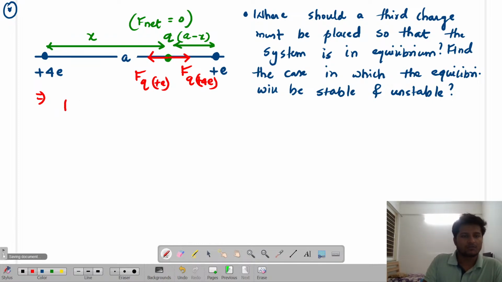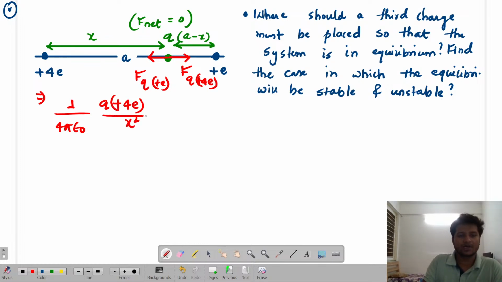Simple, sir, 1 by 4 pi epsilon naught q into plus 4e, और प्लस 4e से कितना डिस्टेंस पर है? x डिस्टेंस पर है, तो x स्क्वायर must be equal to 1 by 4 pi epsilon naught q into e divided by (a minus x) whole square, isn't it? यही आ रहा है इक्वेशन, ये cancel, q q cancel, इक्वेशन क्या आएगा?